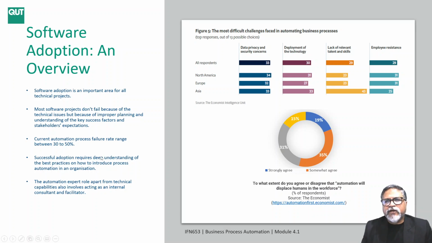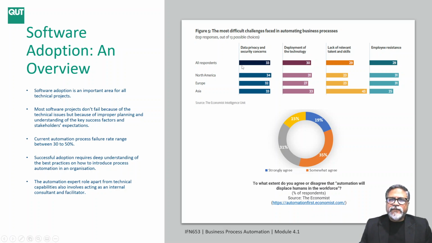Now, let's look at these two statistics in our slide. So this is the Economist Intelligence Unit EIU's 2020 data. So 13 possible choices, and the question was the most difficult challenge faced in automating business processes.